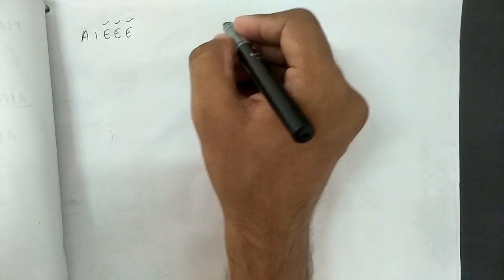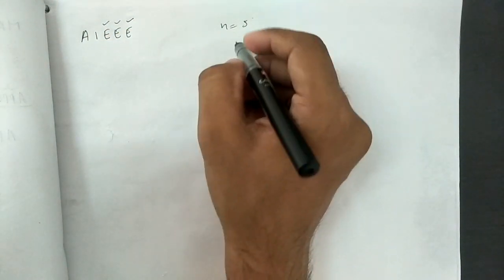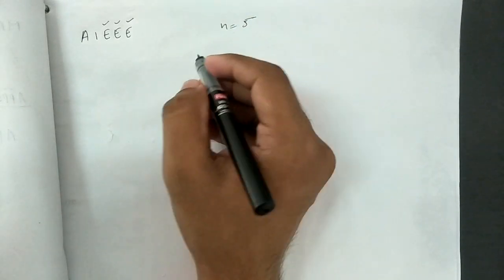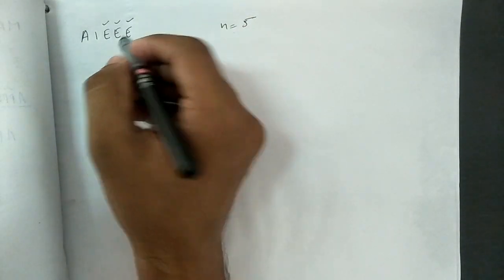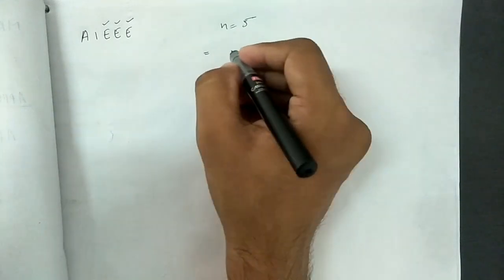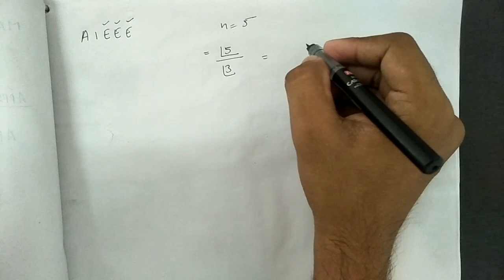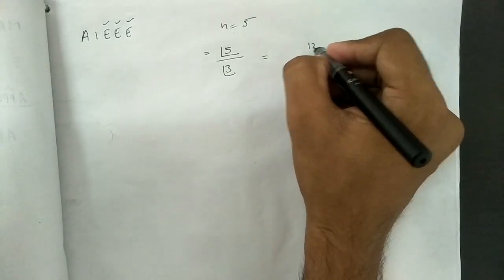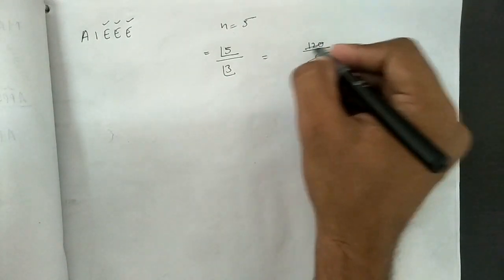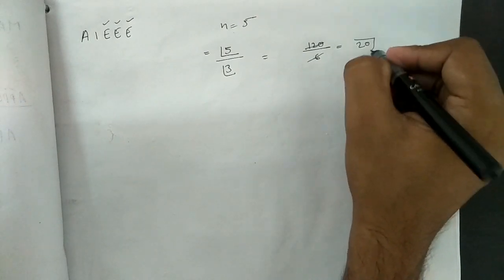As we can see, there are 5 letters and the repeated letter is 3 times. So we can arrange it as factorial 5 upon factorial 3. So the answer will be 120 upon 6, which is 20 arrangements possible.